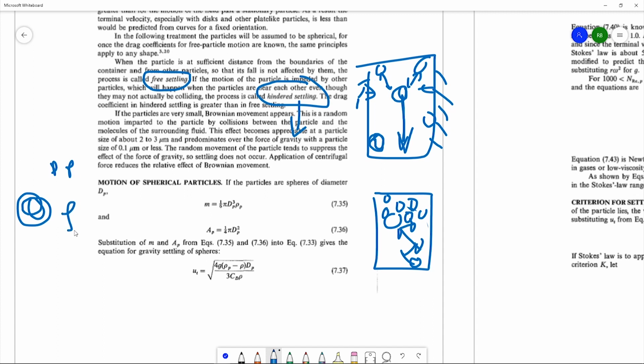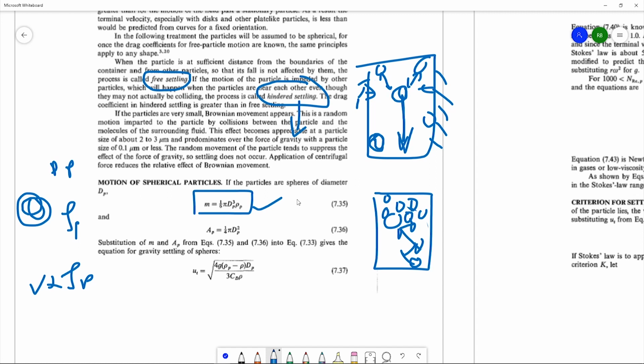If the density of the particle is rho p, then what will be the mass of the spherical particle? It is nothing but volume into density of the particle, right? What is the volume of the particle of diameter dp? It is nothing but 4 by 3 pi r cube. In terms of diameter, it is nothing but pi d cube by 6. Okay, so this is the mass of the particle.